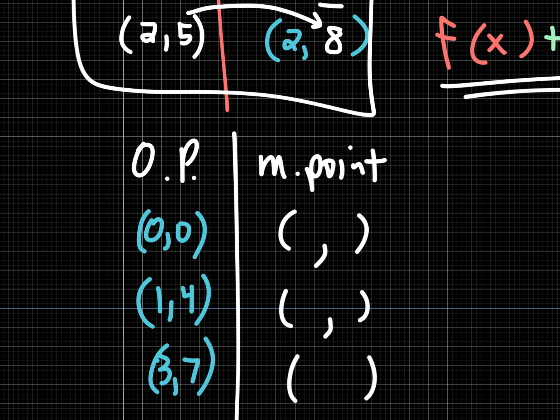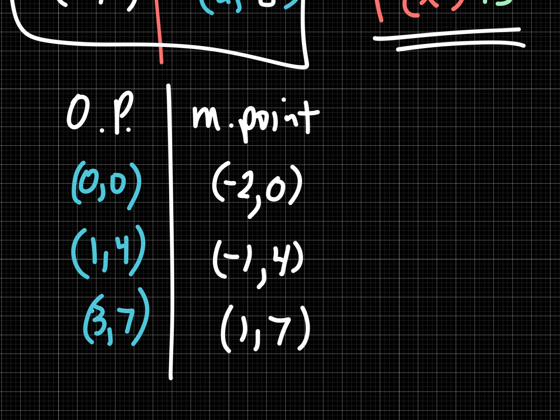So if, for instance, on my mapped points, I had -2, 0, -1, 4, and 1, 7, do you see that what I changed there was the x values?